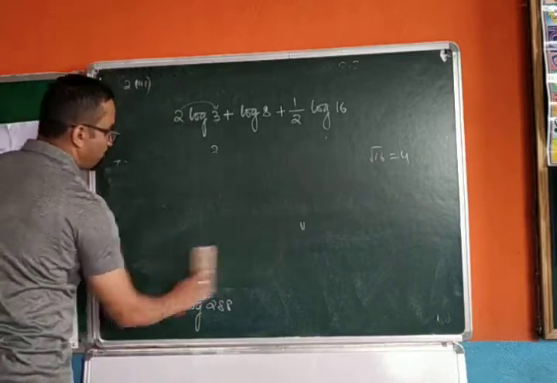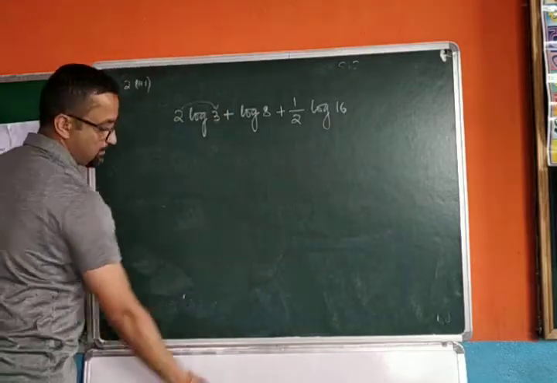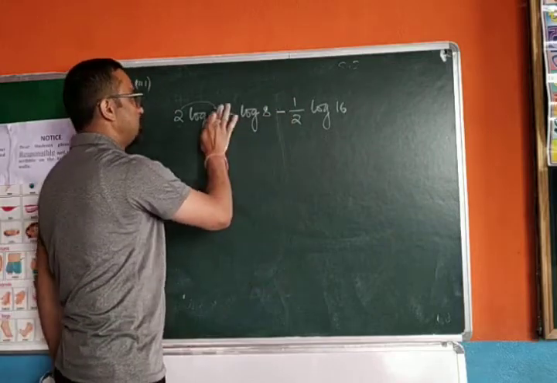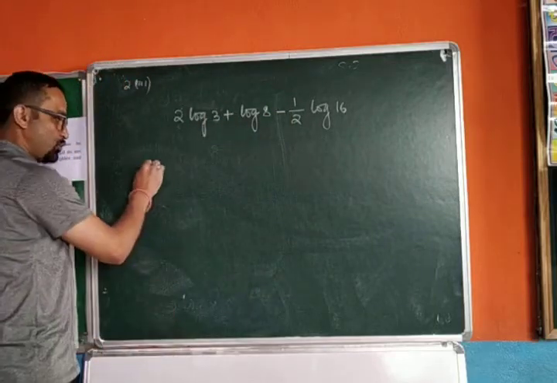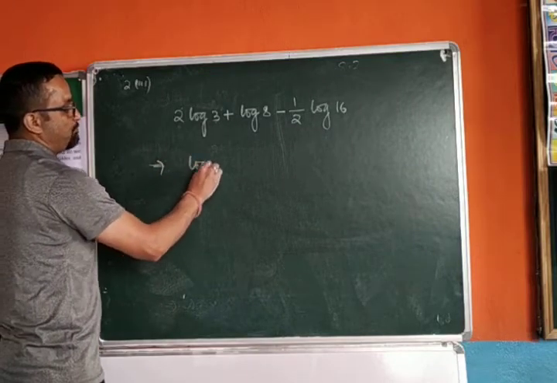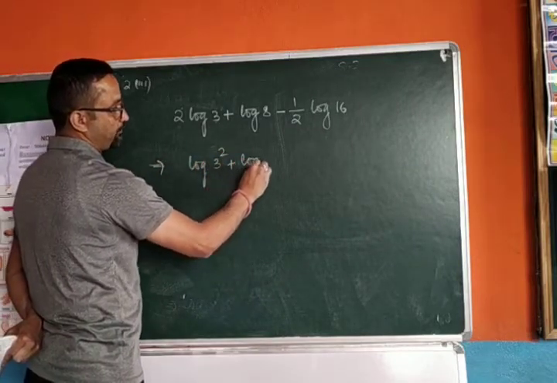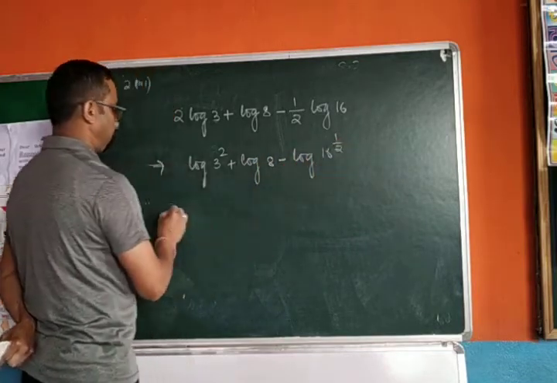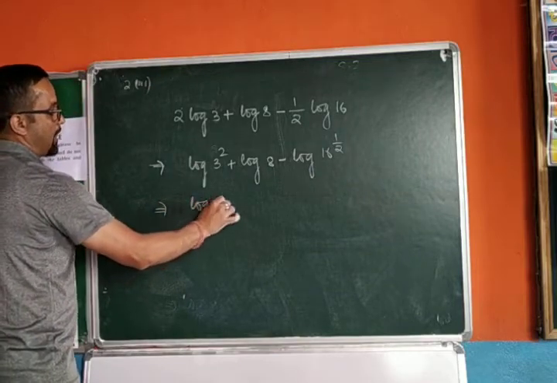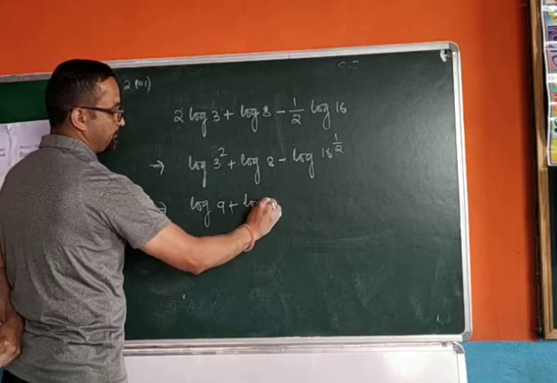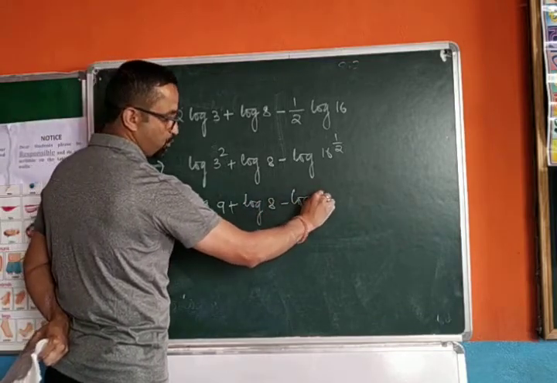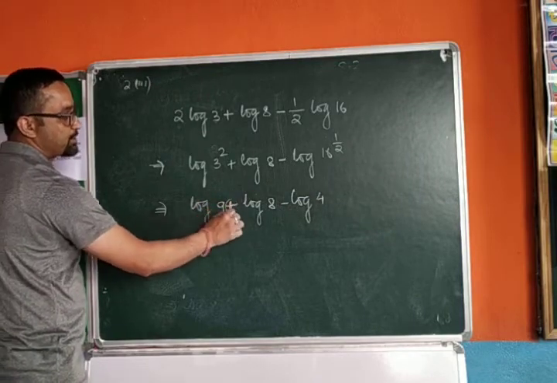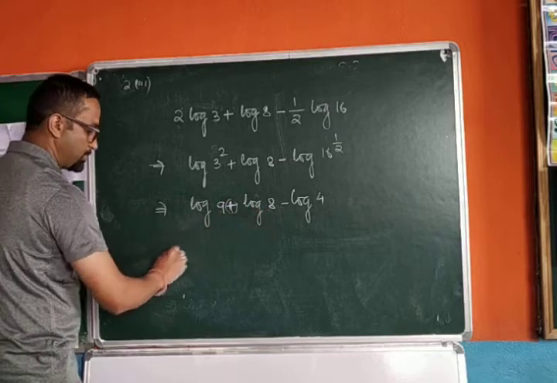Same question, suppose you have a minus sign here. So we solve it as log 3 to the power of 2 plus log 8 minus log 16 to the power of half. Log 9 plus log 8 minus log 4. In between the first and second logarithm you have a plus sign, so these two numbers will multiply.